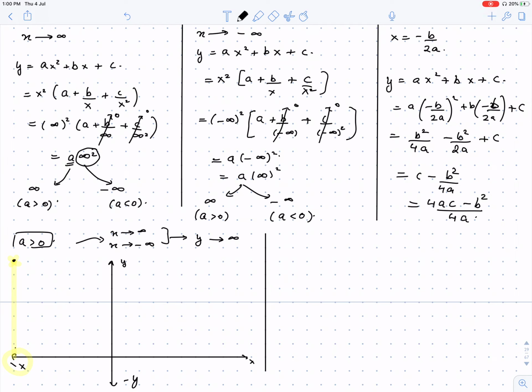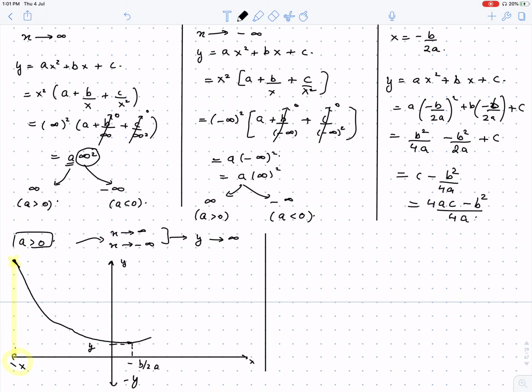If the graph starts from this point, clearly beyond this, the graph has to slow down. There is a minimum over here, so it would decrease from this point, and it keeps on decreasing till a point where x is minus b by 2a, and you have a particular y.